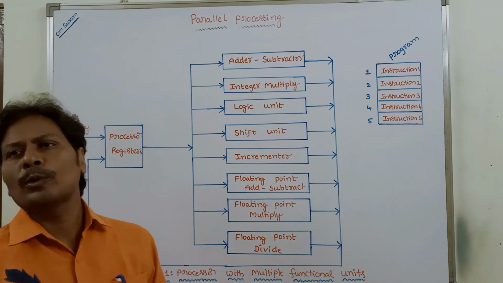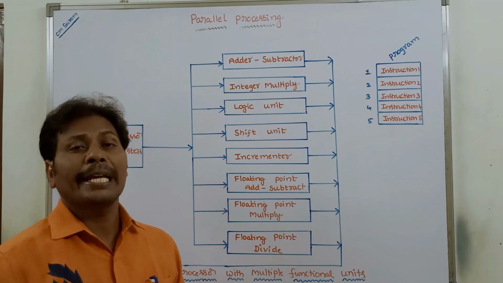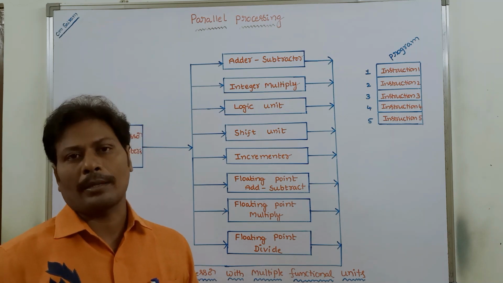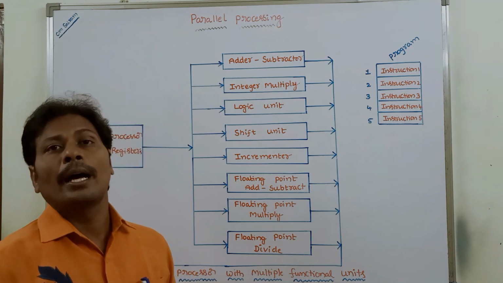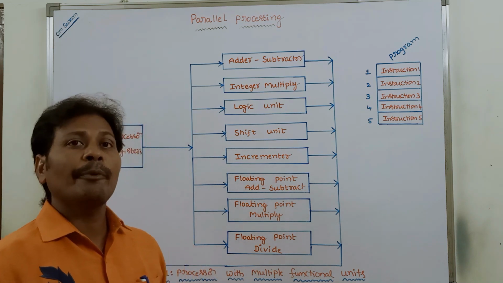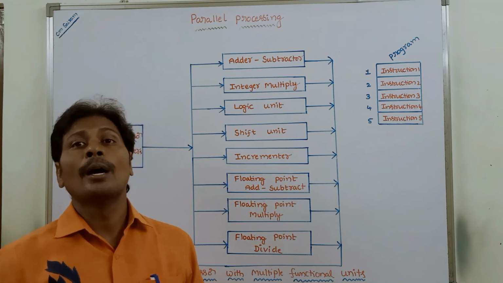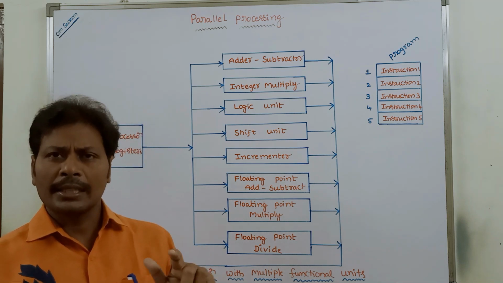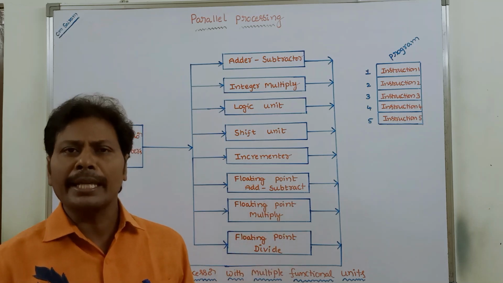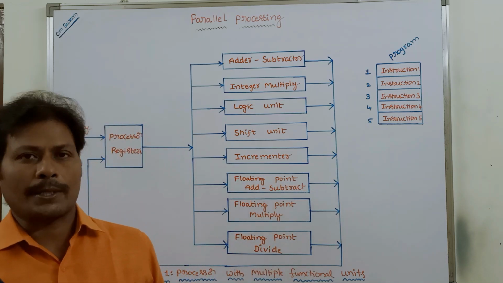We already know that a CPU or a processor mainly contains 3 parts. First one is ALU, arithmetic logic unit. Second one is control unit, and third one is processor registers. These are the main 3 components of the CPU or a processor.